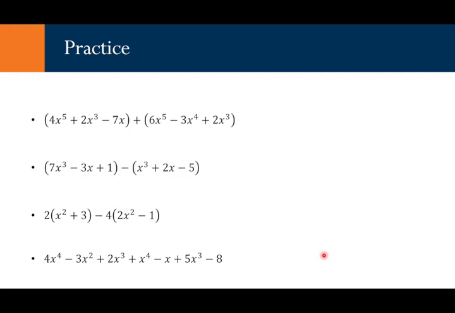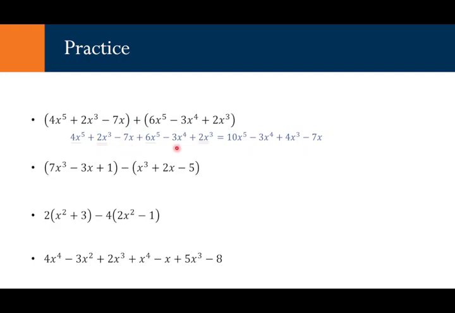Okay, this first one, there's a positive 1 here, a positive 1 here, so the parentheses essentially just go away. We distribute that positive 1, and then we group our like terms. 4x to the 5 plus 6x to the 5, 2x cubed plus 2x cubed, and then there's no other x to the 4th terms, and there's no x squared terms, and there's no other x.